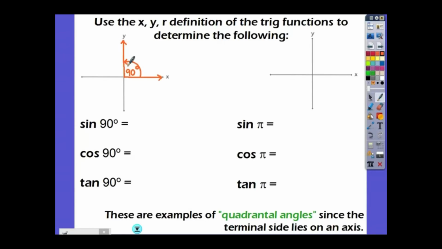The terminal side is that vertical ray right up here. And so we're just going to pick a point that's on that terminal side. We know it's going to be 0, comma, whatever you want, but I always pick 0, comma 1 just because. And that means my x value is 0, my y value is 1.